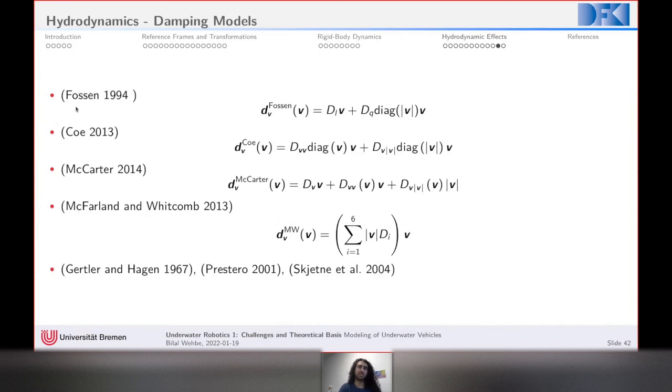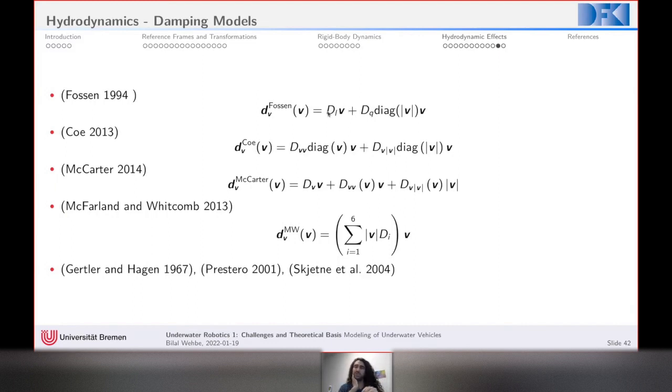If you take a look, for example, at the equations of Fossen from '94, he models the damping as a linear damping matrix that represents the laminar flow, and a quadratic damping matrix which represents the turbulent flow.